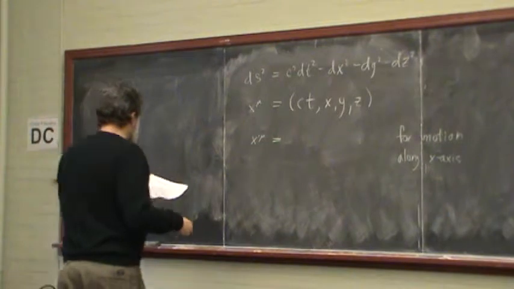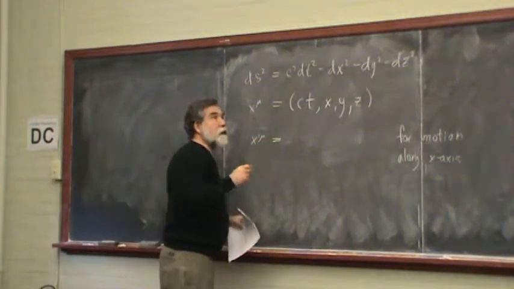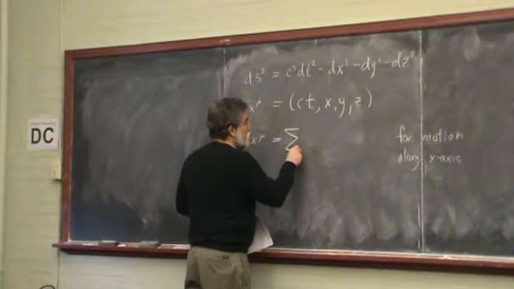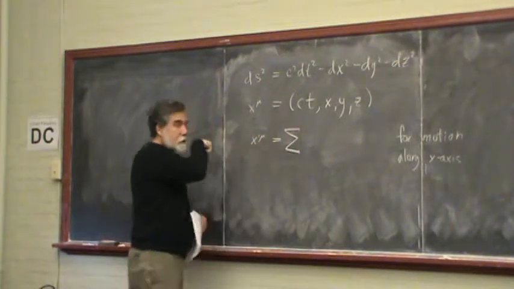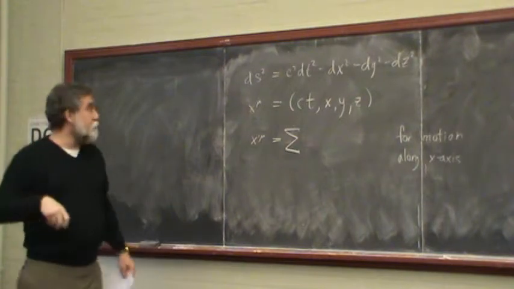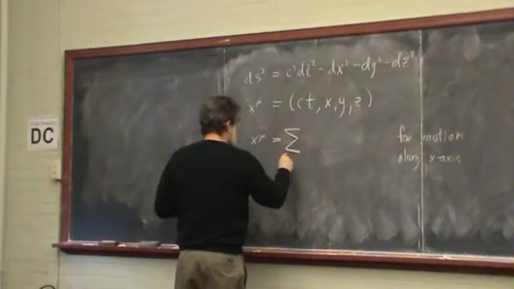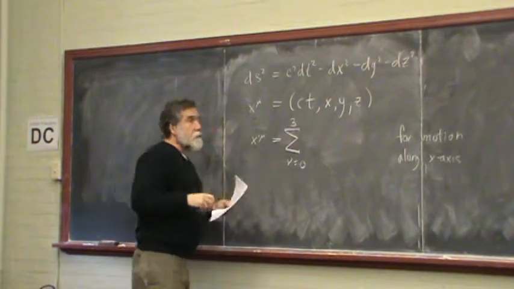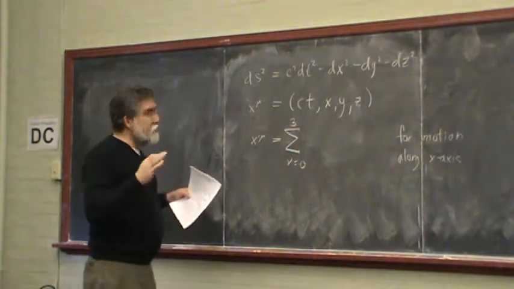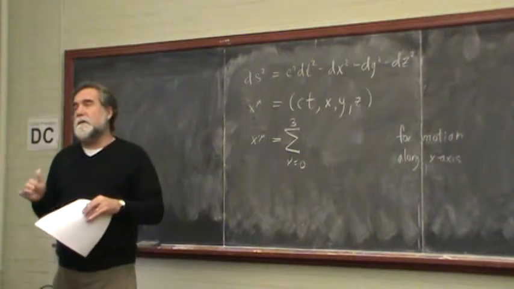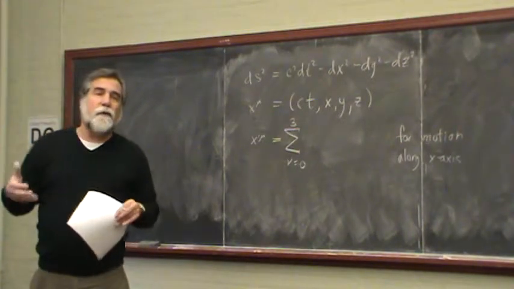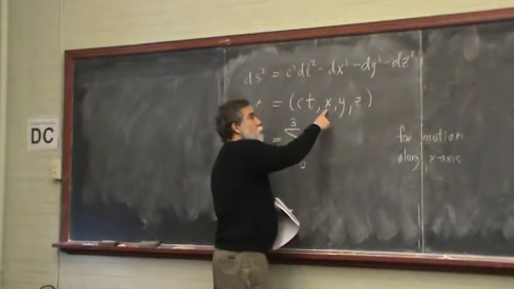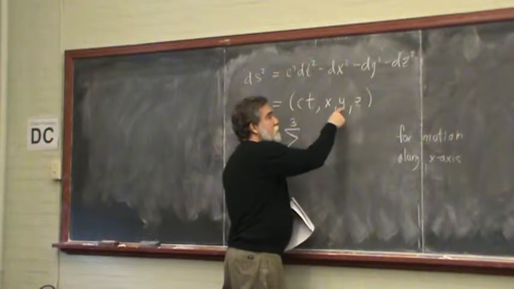So we know what the relationships have to be, but what I'm going to do is set up the relationship like this, that the position four vector in the primed frame is the sum over coordinates, and the formal way that we're going to number coordinates is that this is coordinate 1, 2, 3, so x1, x2, x3.